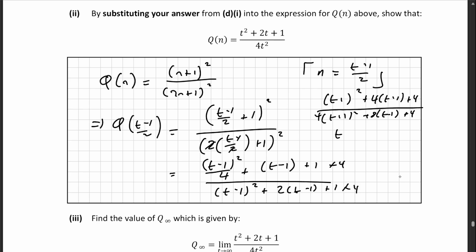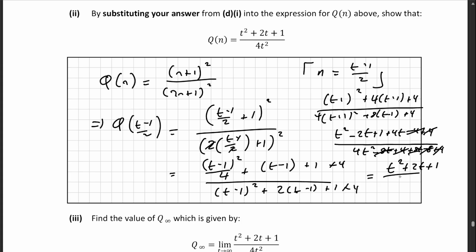So we'll get t squared take away 2t plus 1 plus 4t minus 4 plus 4 all over 4t squared take away 8t plus 4 plus 8t minus 8 plus 4. So those units are all going to cancel, leaving us with the 4t squared in the bottom. And where am I getting that? Well, that just turns into plus 2t. So that's t squared plus 2t plus 1 over 4t squared.